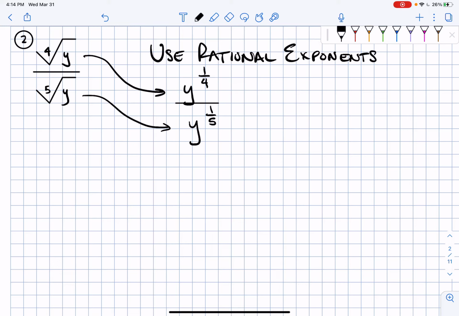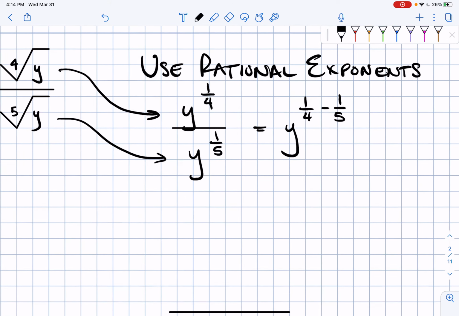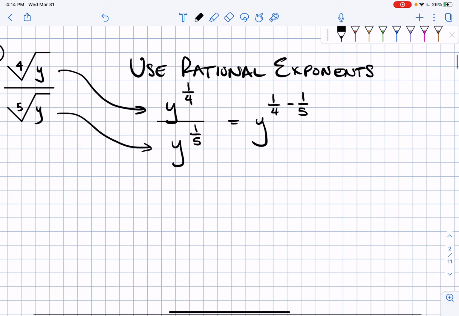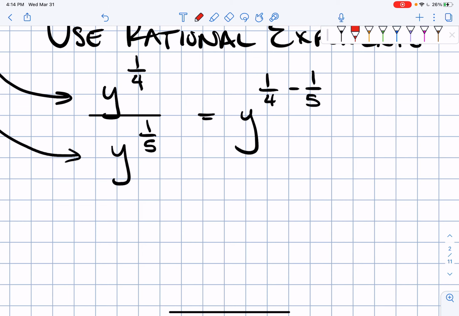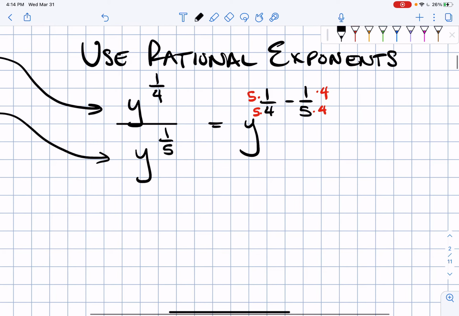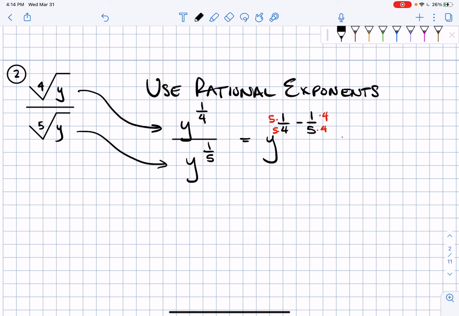Since I'm dividing, I'm going to subtract, so it'd be 1/4 minus 1/5. Same thing, I need a common denominator, right? So what I really have here is that the 4 is missing a 5, and the 5 is missing a 4. So what I'll have is y to the 5/20 minus 4/20.